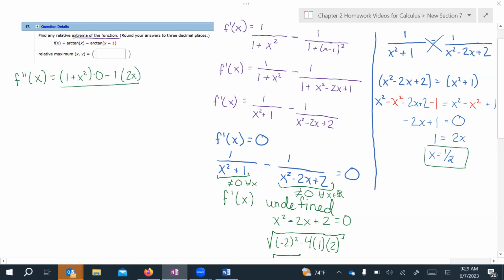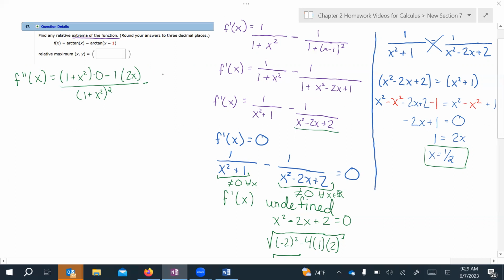You could also use the chain rule for that first term. And then minus. I'm going to use this version, the x squared minus 2x plus 2, to differentiate.